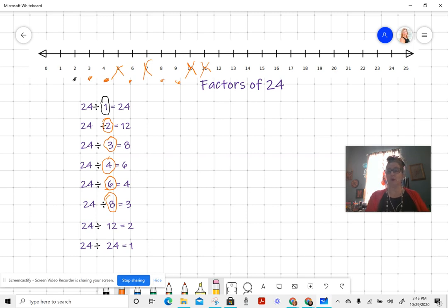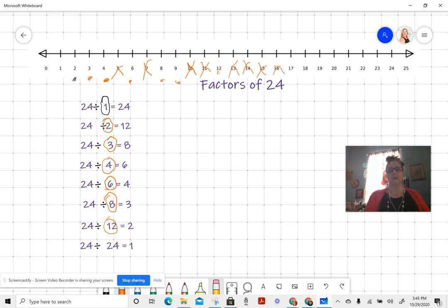24 divided by 12. Oh yeah, I got 2. So that one works. 24 divided by 13. 24 divided by 14. Did not work. 24 divided by 15. Did not work. 24 divided by 16.